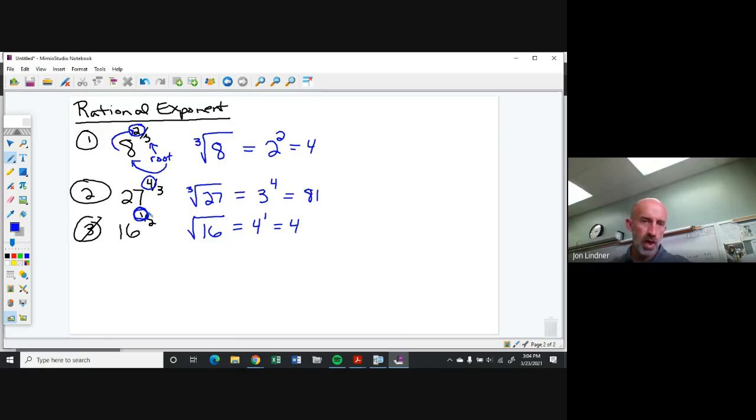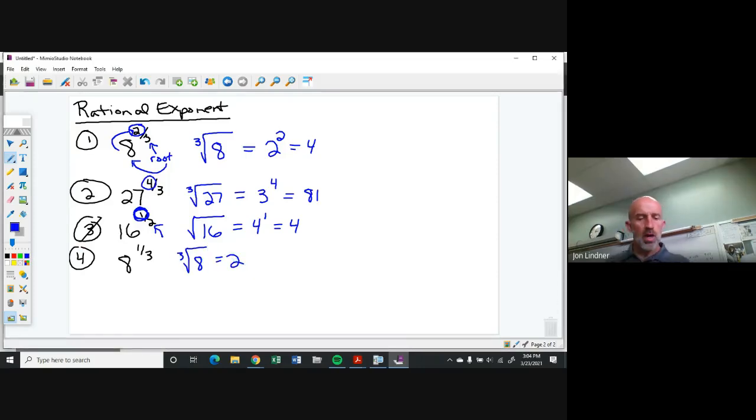So if this top number is a 1, all you have to do is find whatever root they tell you to find. Like if they just told you to find 8 to the 1/3 power, all you have to do is find the cube root of 8, and the cube root of 8 is 2.